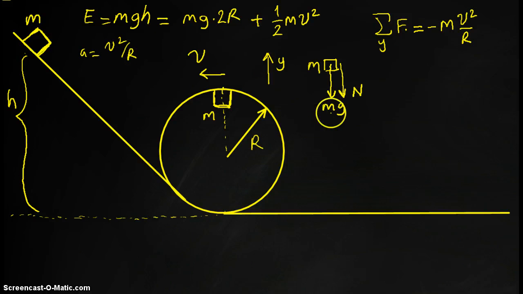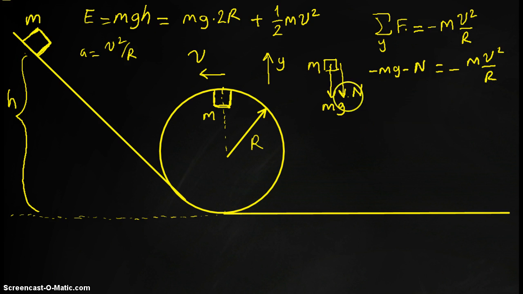On the left hand side, we can simply write down the total forces, and they are downward, so they are taken as negative: minus mg and minus N. This is all equal to minus mv squared over r.